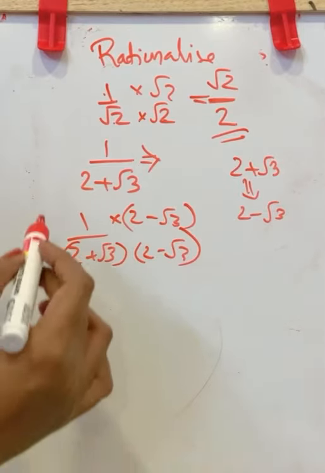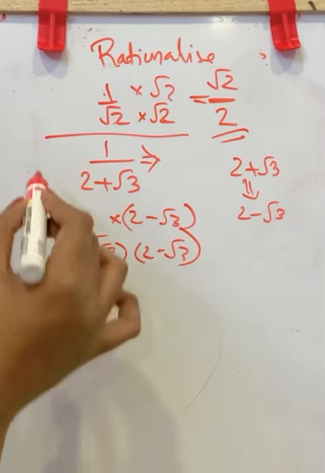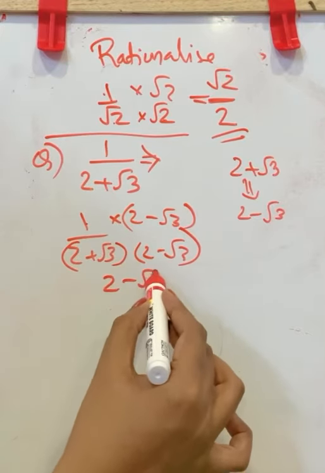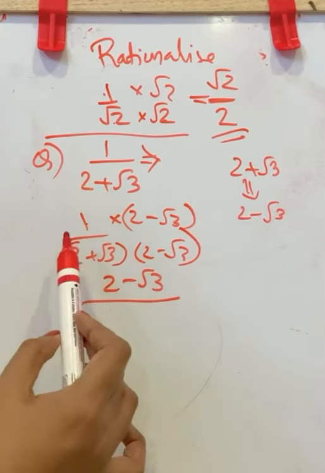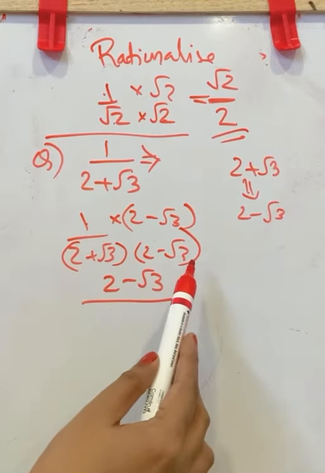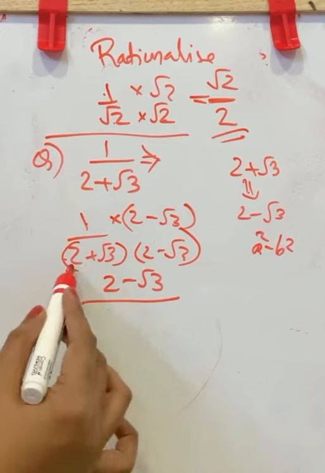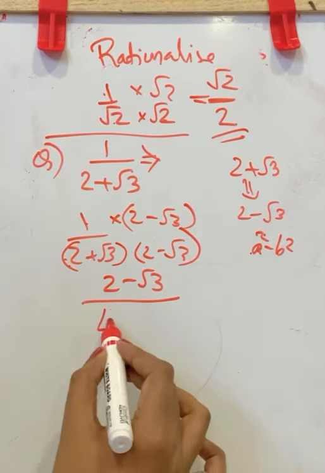Now look. 1 into 2 minus root 3 is 2 minus root 3 in the numerator. By, here it is (a plus b) into (a minus b), that is a square minus b square. Here a is 2, so 2 square means 4.